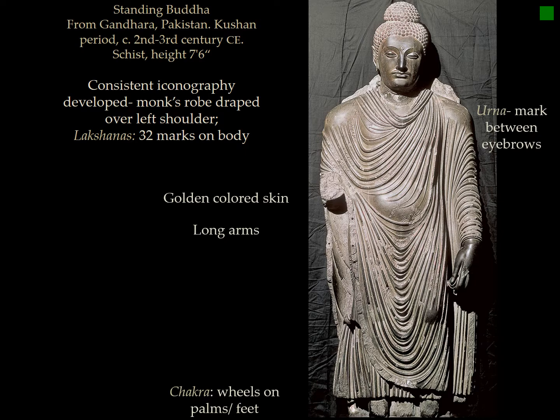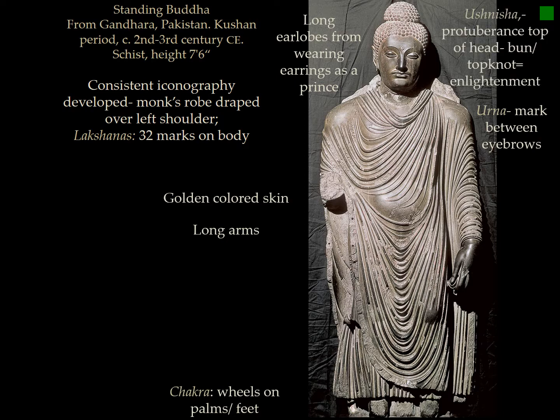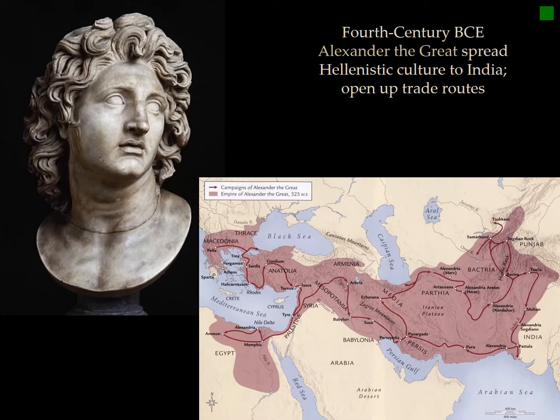The urna is the mark between his eyebrows, as well as long earlobes that are shown hanging down, a remnant of and reminder that he was a prince and dressed in finery and jewelry early on. Whereas the ushnisha is the protuberance of the top of the head, or the topknot, which represents enlightenment, that being elevating ourselves above the material world in the everyday.